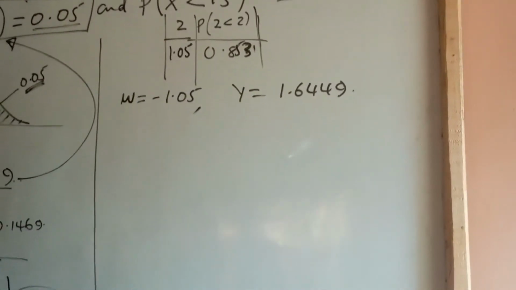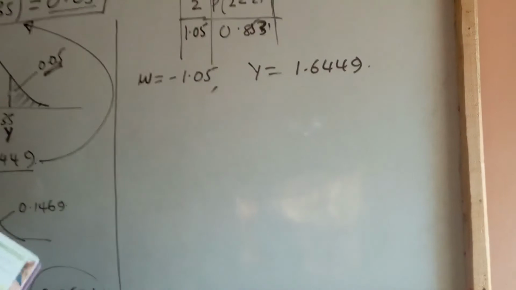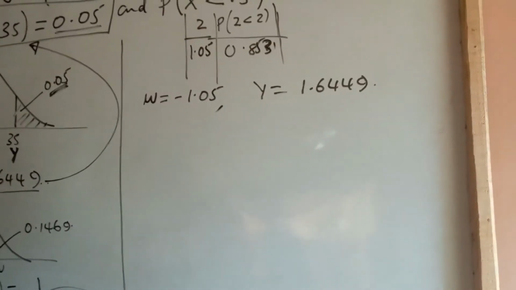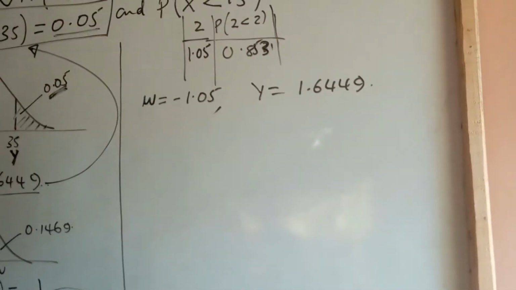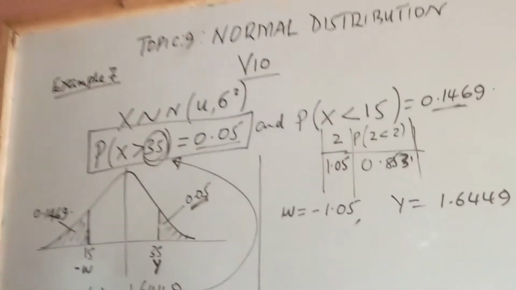As much as we know, we are not through with this question yet. Y, which is 1.6449, is associated with an unfamiliar boundary, which is 35.